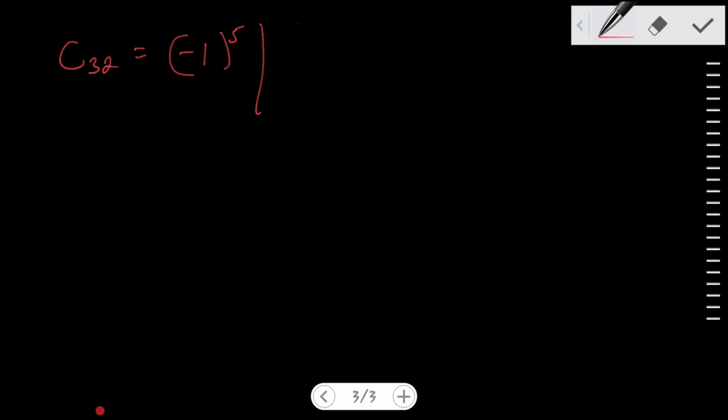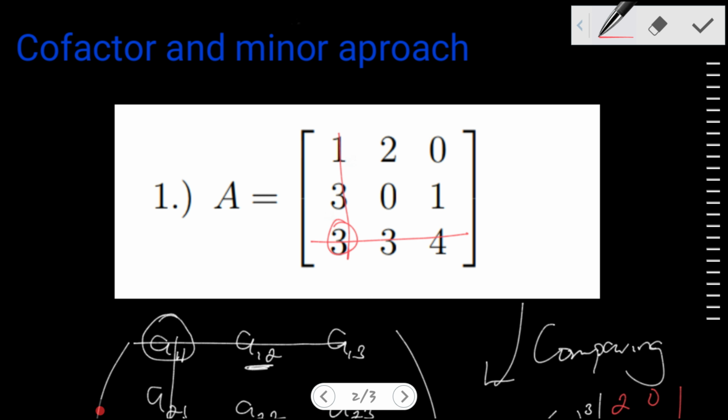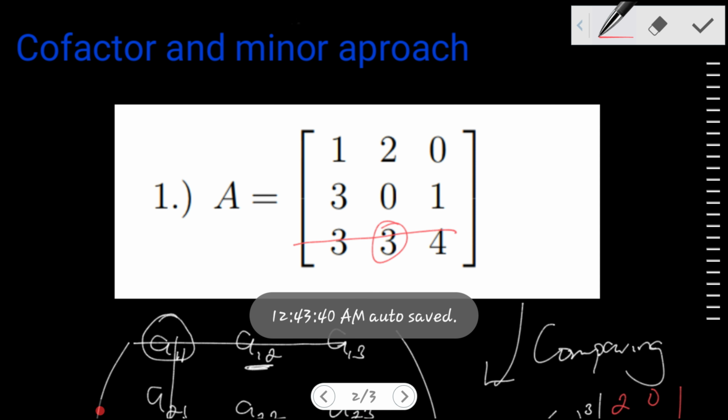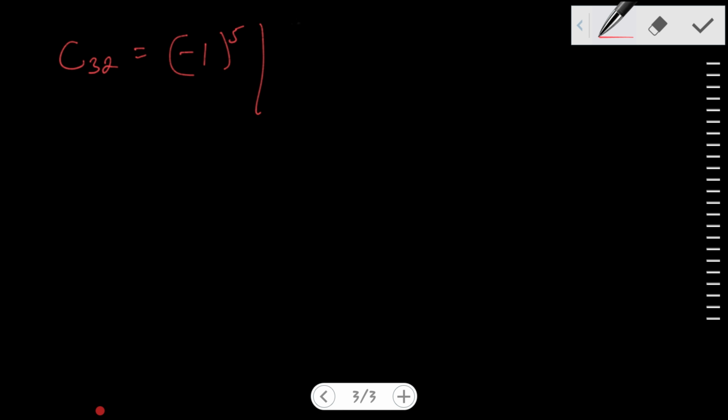Now what's the minor matrix? Let's look at this. We are on this element, so we are eliminating the whole of that row and the whole of that column. So we have 1 0 and 3 1.